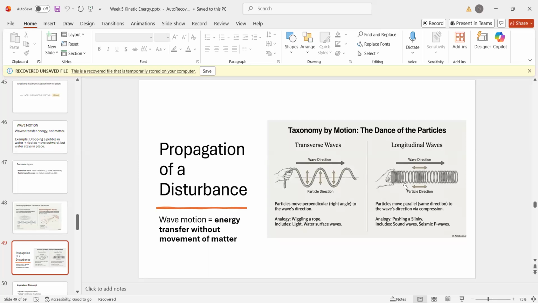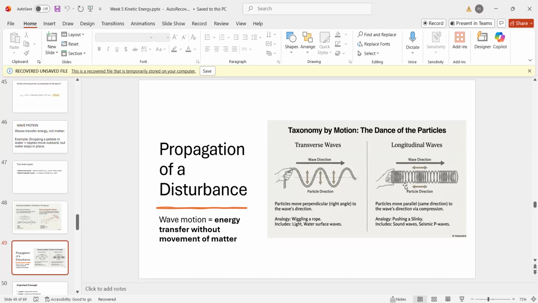You realize that the particle moves perpendicular to the wave direction, where the wave is going.